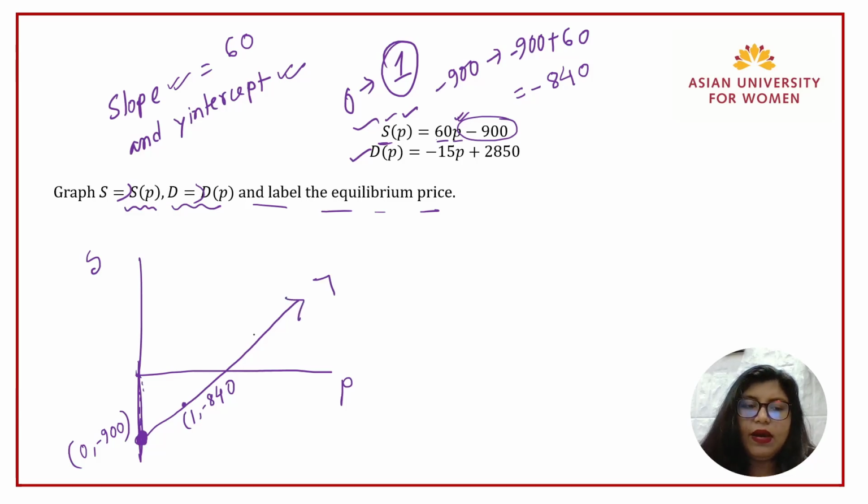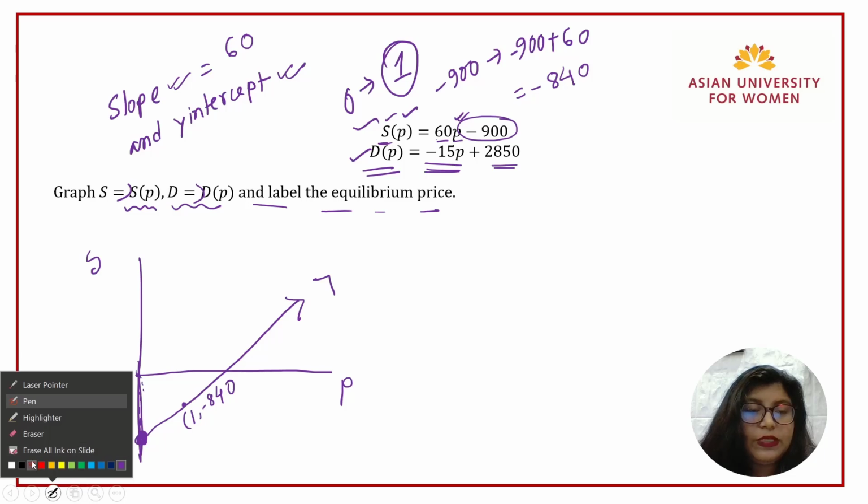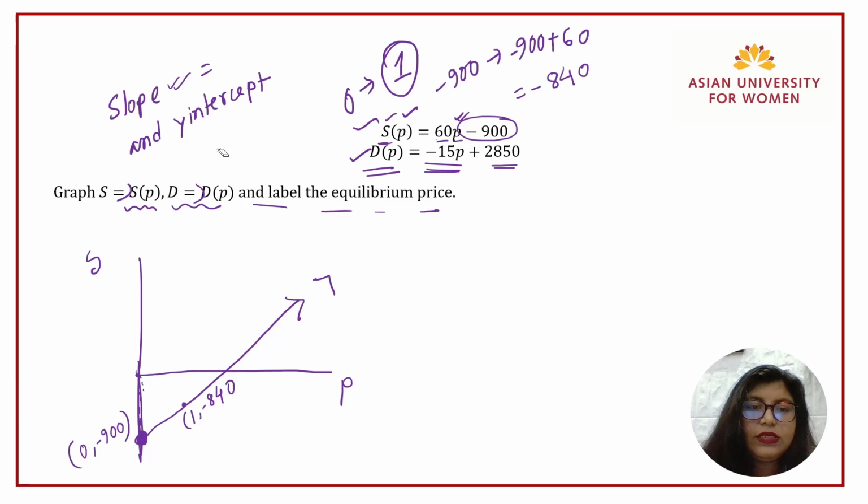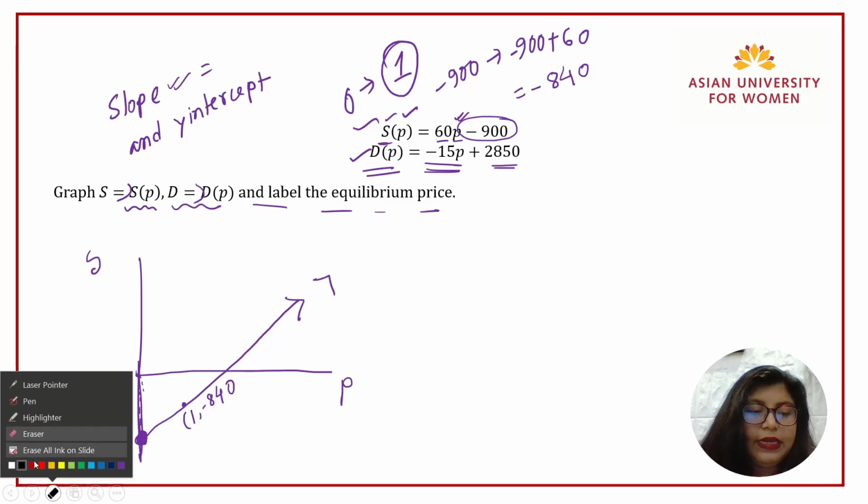Now this is the supply function, and now we will draw the graph for the demand function. Here you can see it is minus 15p plus 2850. So what is the slope?